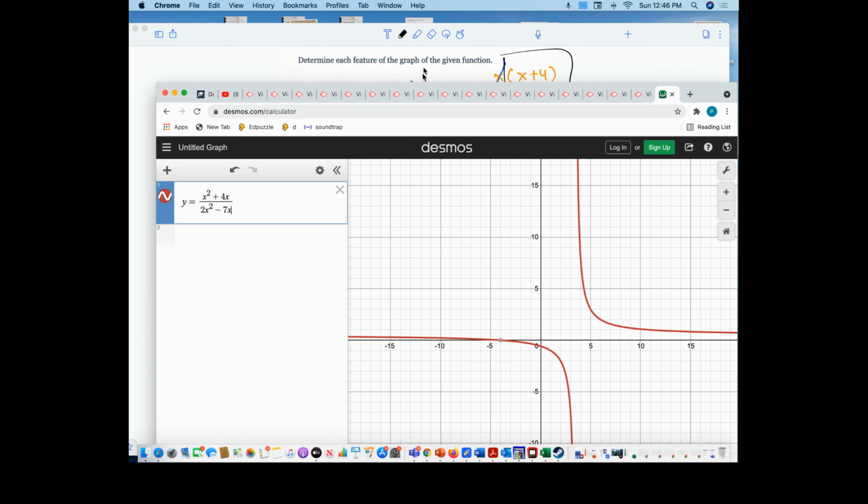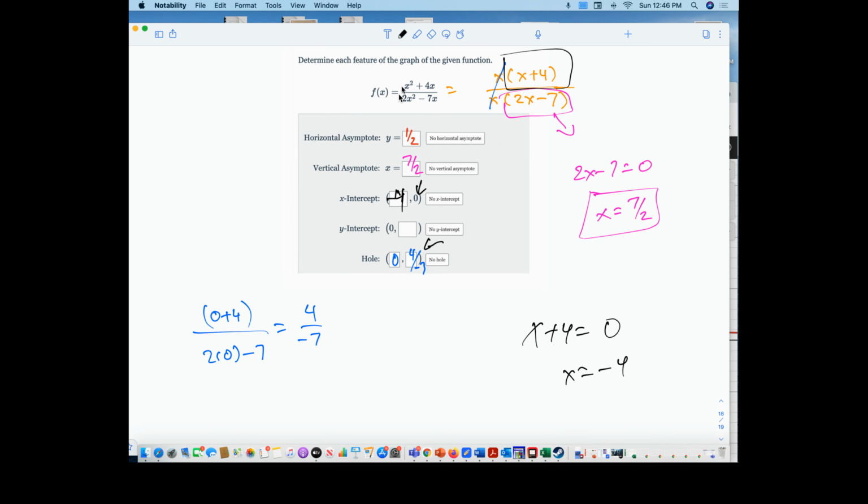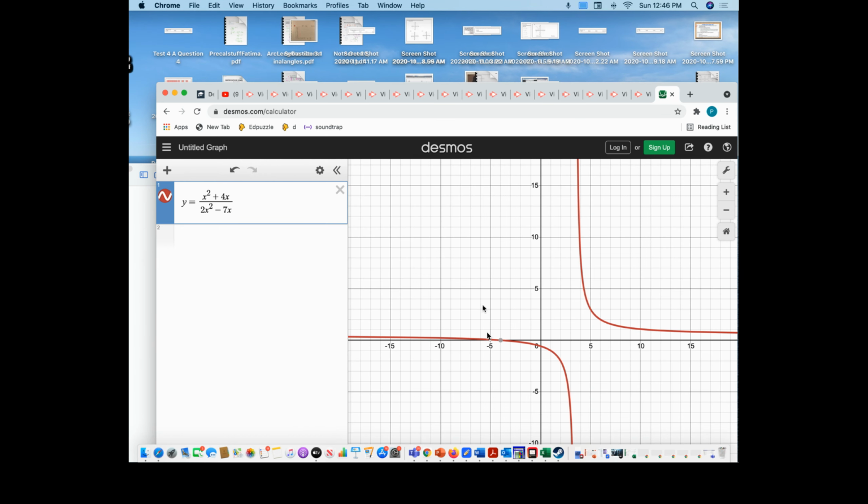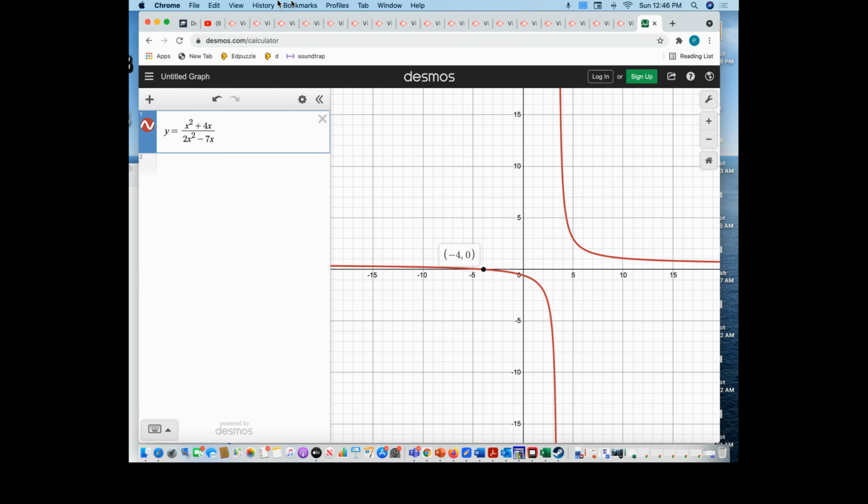So if you use the original equation, you make the original equation equal to 0. You notice here it's not going to end up crossing. It doesn't cross at 0. So the x-intercept is not going to be at 0. Okay, it's only at (-4, 0). So that has to do with the fact that there's a hole.